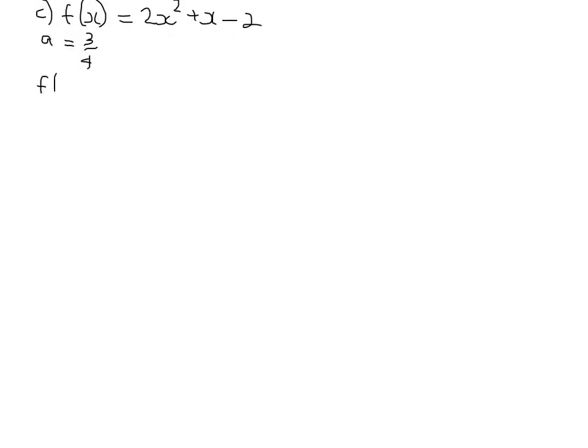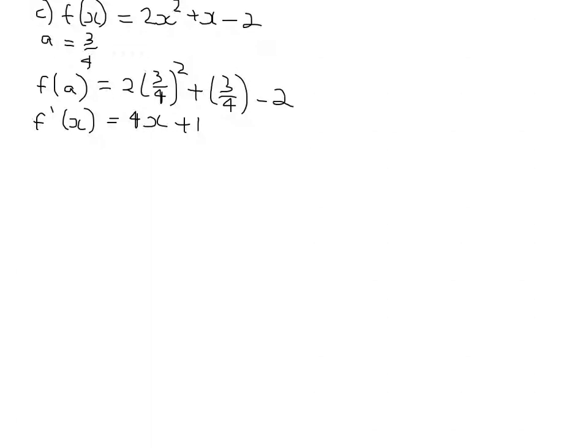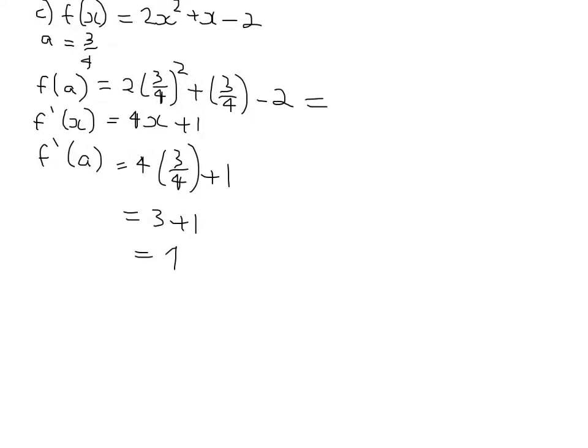So we need to find f of A and then f dash of A. So f dash x is 4x plus 1. And we're going to sub in A. So 2 into 3/4 squared plus 3/4 minus 2, and f dash A equals 4 by 3/4 plus 1 equals 3 plus 1, so we know that's 4.